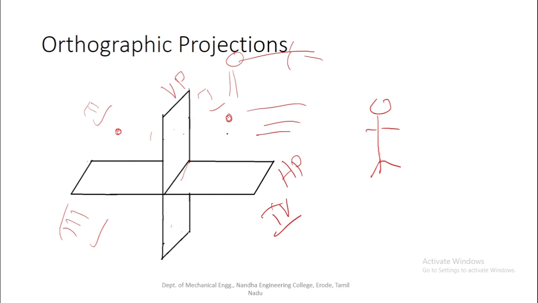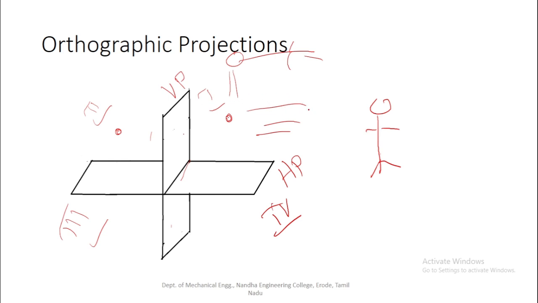Some assumptions are: the rays coming out from the observer's eyes are sufficient to accommodate the object to be projected. Irrespective of the size and shape of the object, the observer is able to view the entire object, and the rays coming out from the observer's eyes are parallel to each other.